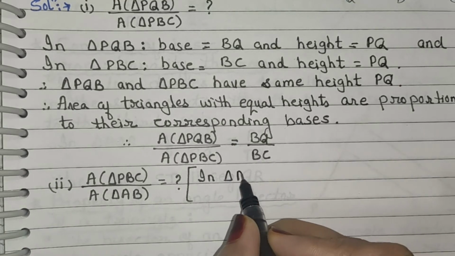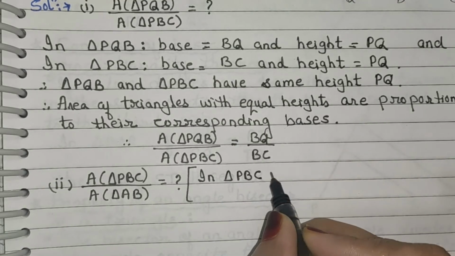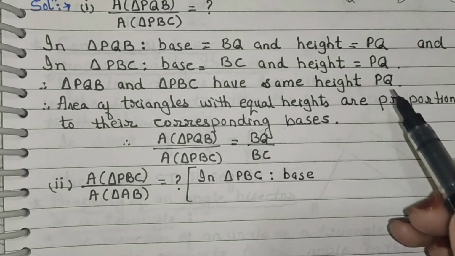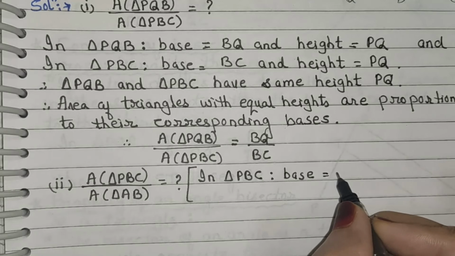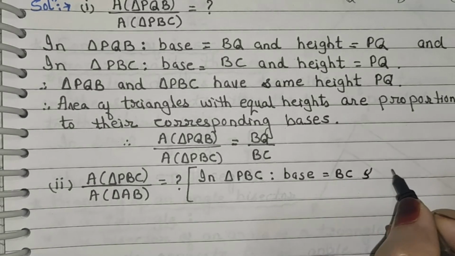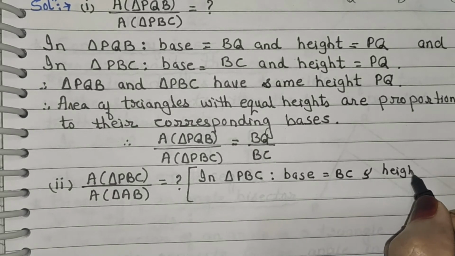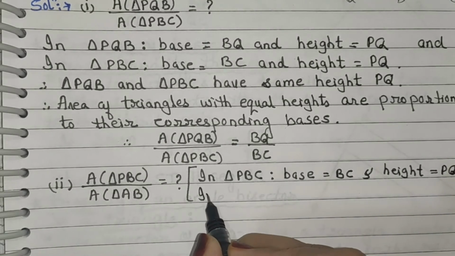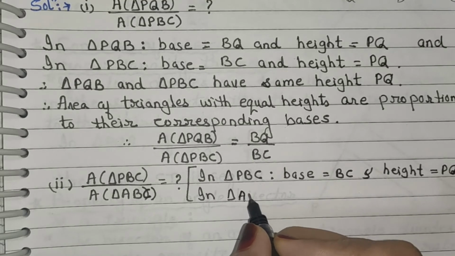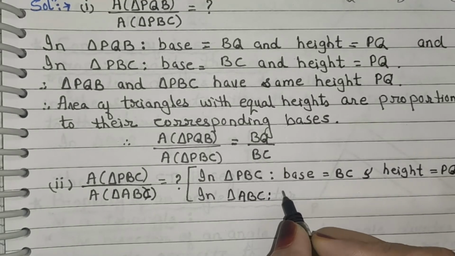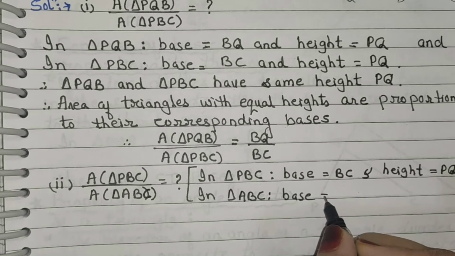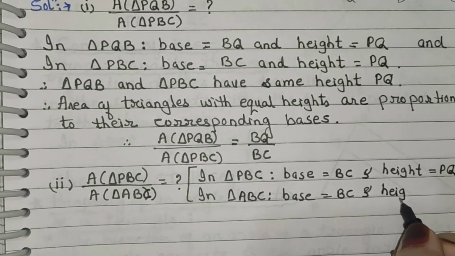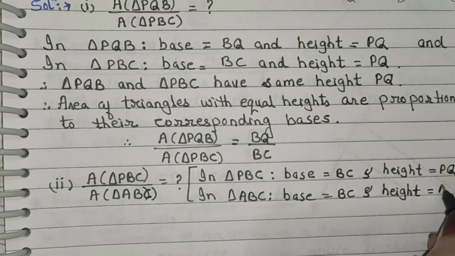Write down here. In triangle PBC, base is BC and height is equal to PQ. And in triangle ABC, base BC and height AD.